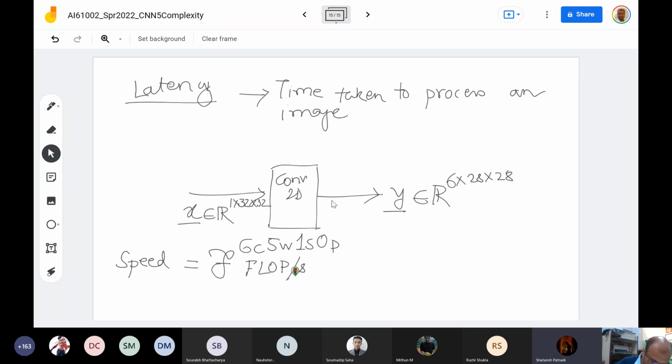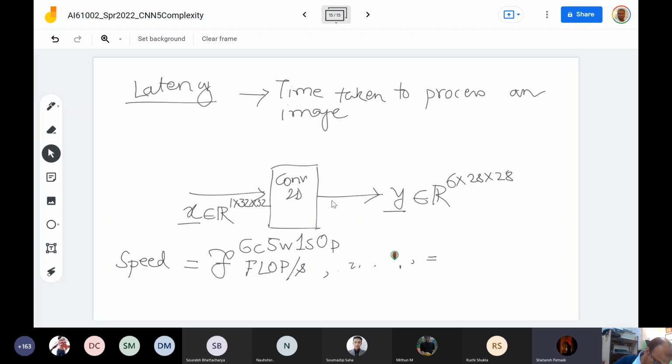That is my speed. Okay. Now, if that is the scenario, then tell me what is my total number of flops for this operation? In this convolution layer, what is my total number of flops? Calculate and tell me. You can assume the FMA.